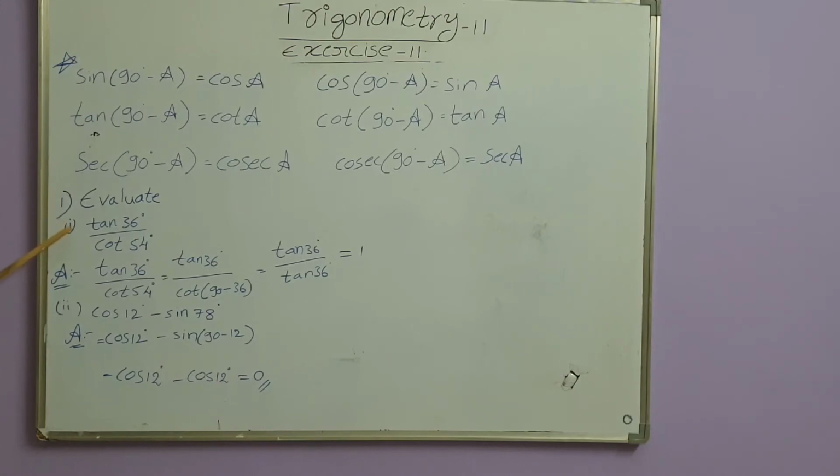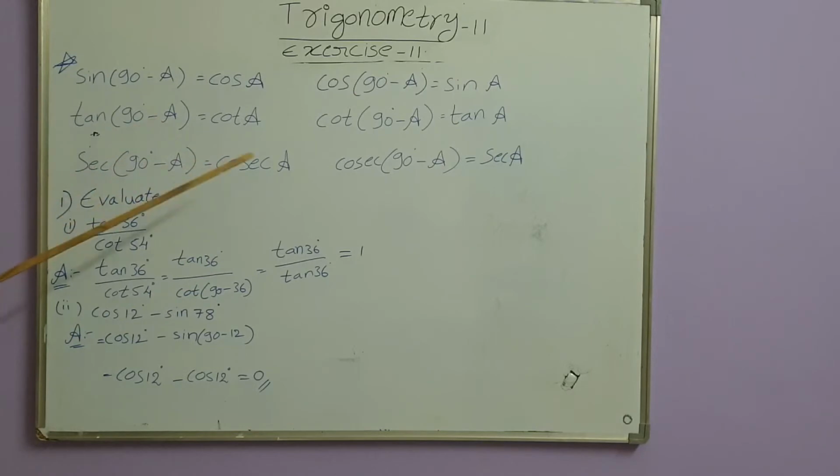Now, exercise 11.3. In this first one, evaluate tan 36 degrees by cot 54 degrees. How to solve? Tan 36 degrees by cot(90 minus 36), which is 54.